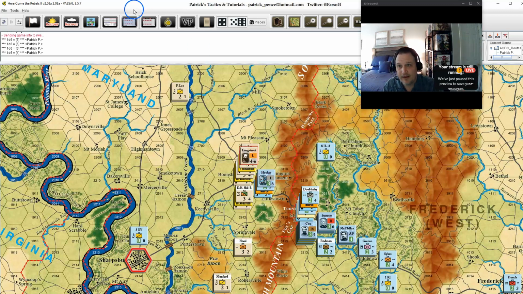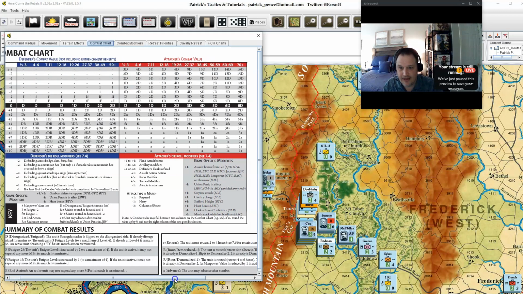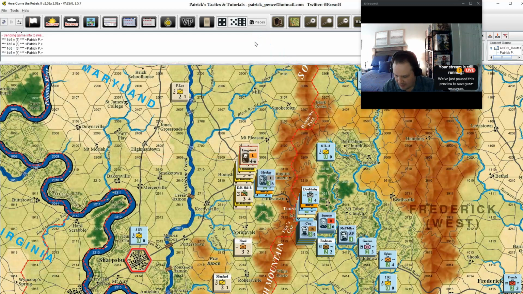And if I open up, there are module and game specific modifiers for each of the titles. And because Lee himself, the army leader, is stacked with the origin of the corps with Longstreet, you get a +1 bonus in Here Come the Rebels because Lee is there, right? So we're going to get a +1 on top just because Lee is in there with the assault.